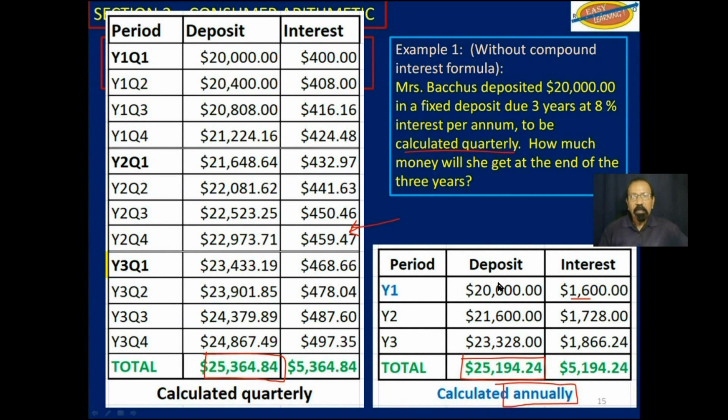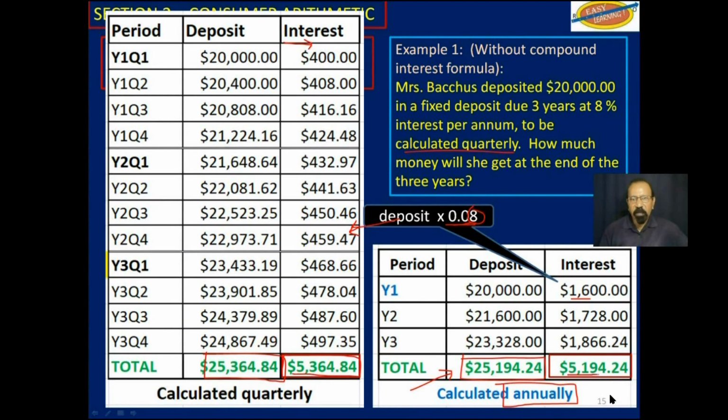Over here, it was annually, and yes, it was still compound interest. Since it's annually, you multiply by the full 8%. Over here, we were multiplying by 2% because it was calculated quarterly. The interest here is $5,364.84.